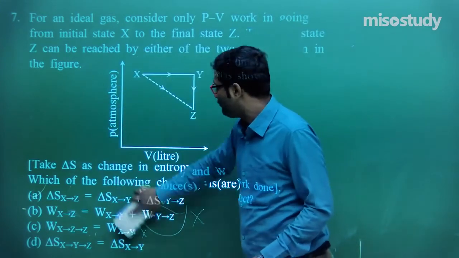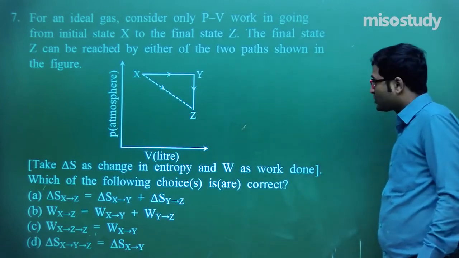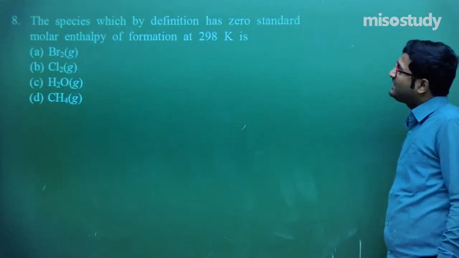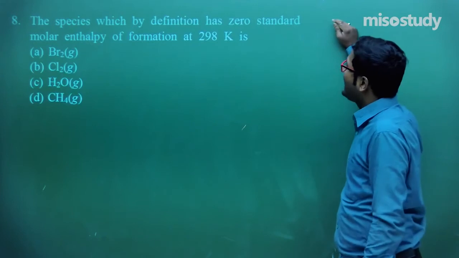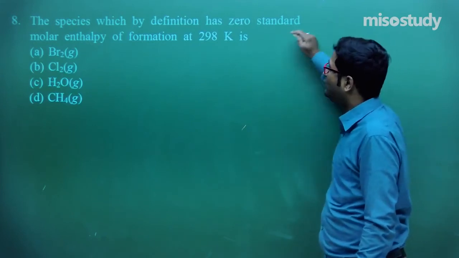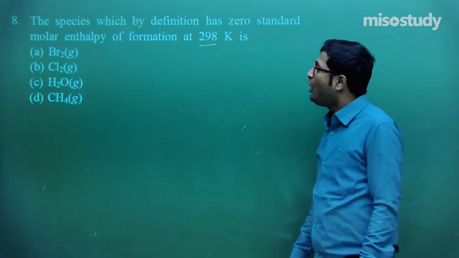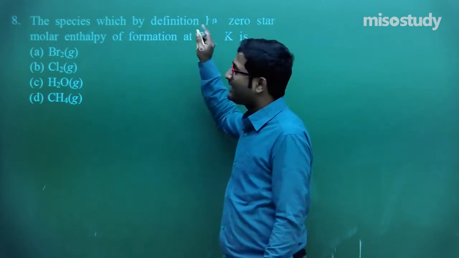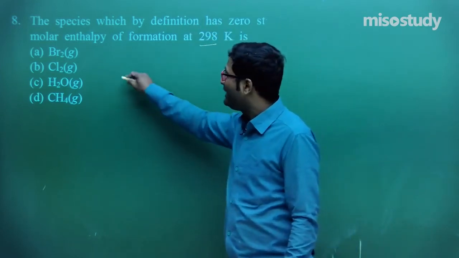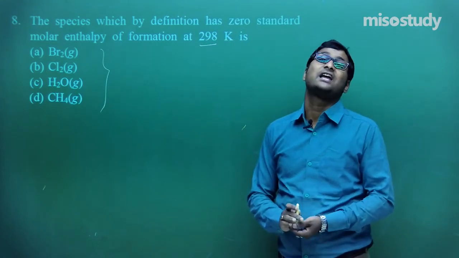Now let's move to the next question, question number 8. The species which by definition has zero standard molar enthalpy of formation at 298 Kelvin, that is room temperature. We know the standard enthalpy will be equal to 0 when the element or molecule is in its standard condition.